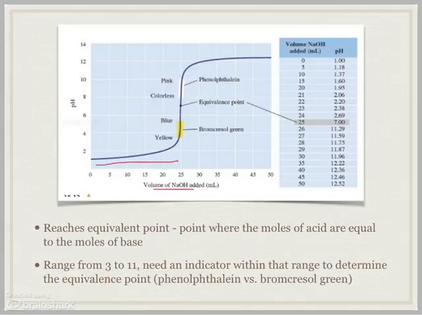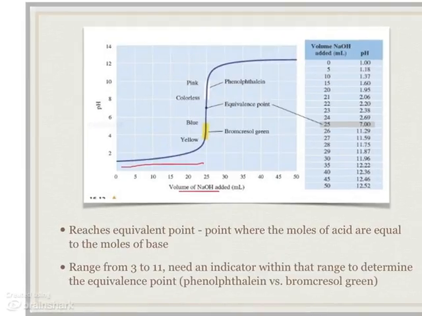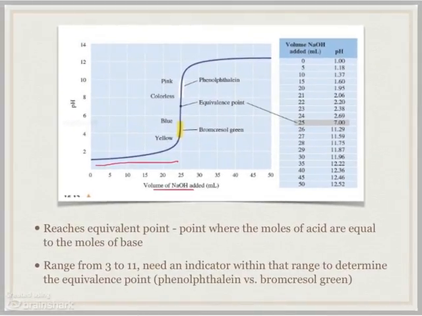You are going to get to a point, though, where you'll begin to see a very sharp increase in pH, and that's where you'll see your equivalence point. That sharp increase starts right here, ends right there, and then once that increase happens, you start to level out again with pH.